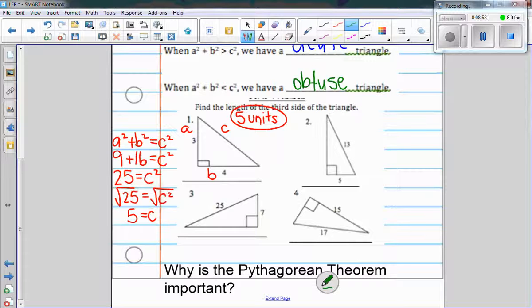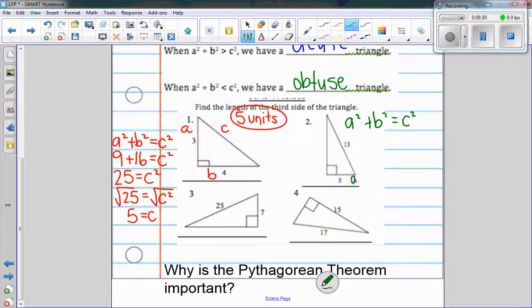All right, looking at number 2, Landon, what is the difference between number 1 and number 2, other than the shape of the triangle? Yeah, so what are we missing on this one? Which value are we missing, A or B or C? So if we say A squared plus B squared equals C squared, let's go ahead and substitute some of our values in.